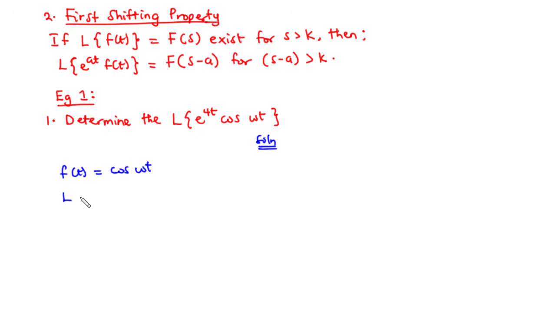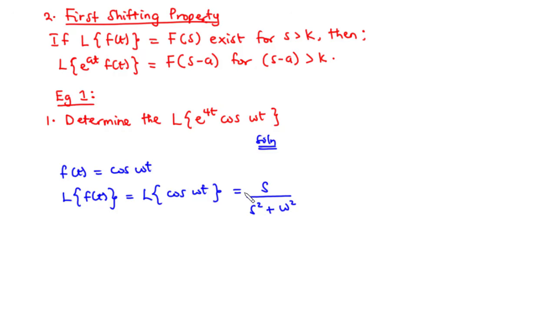The Laplace transform of f of t is equal to the Laplace transform of cos omega t. Now this is equal to s divided by s square plus omega square. So this is the Laplace transform of f of t, which is cos omega t.